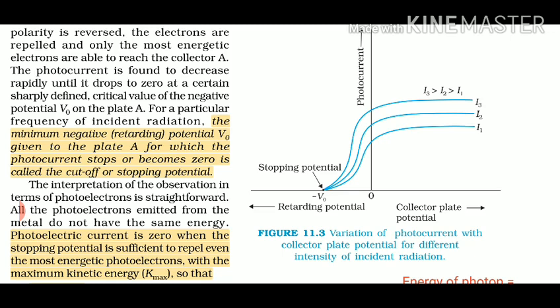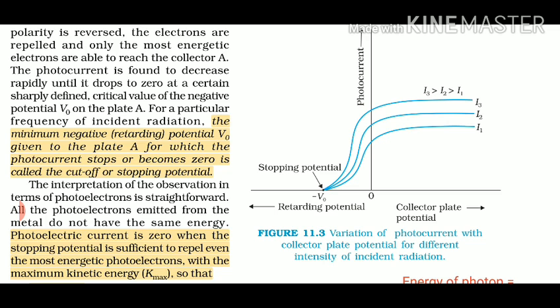And a point will come where you have reduced the potential of the anode plate to such an extent that no electron will be attracted by the anode plate. At that point photocurrent will become zero, because no motion of electrons means no photocurrent.